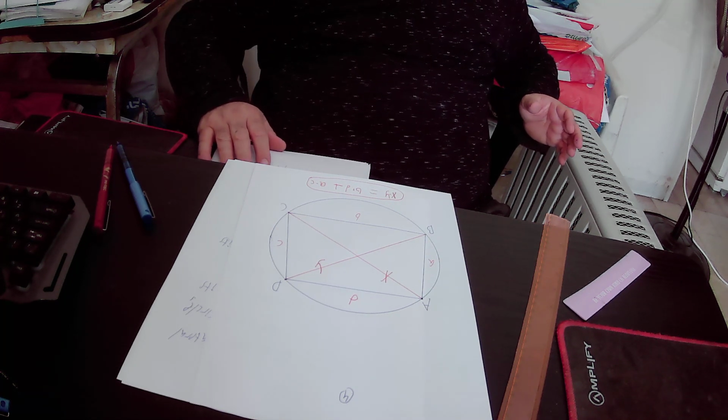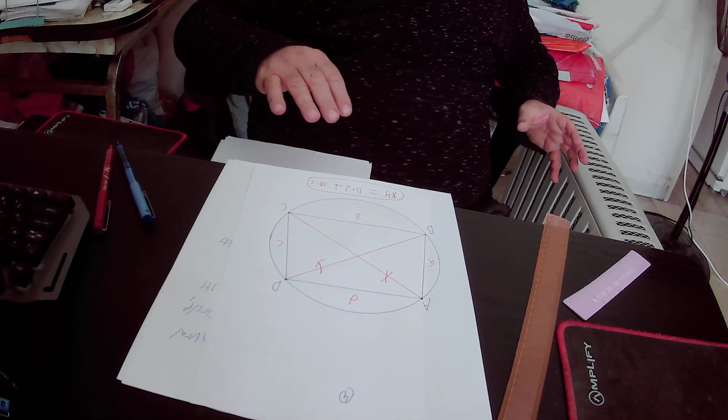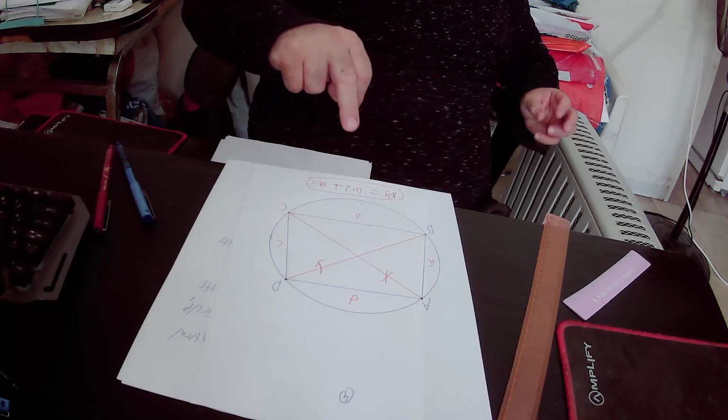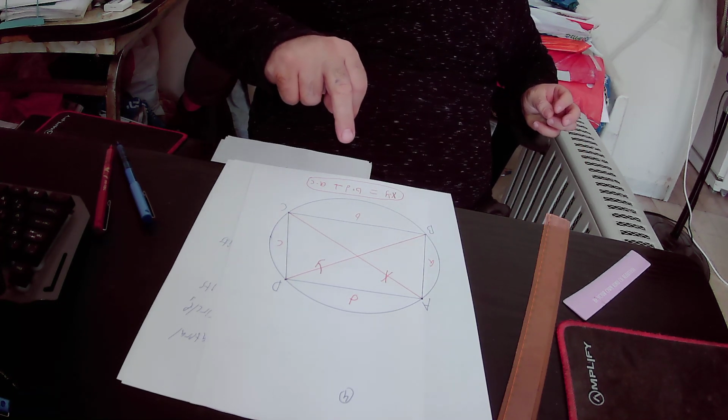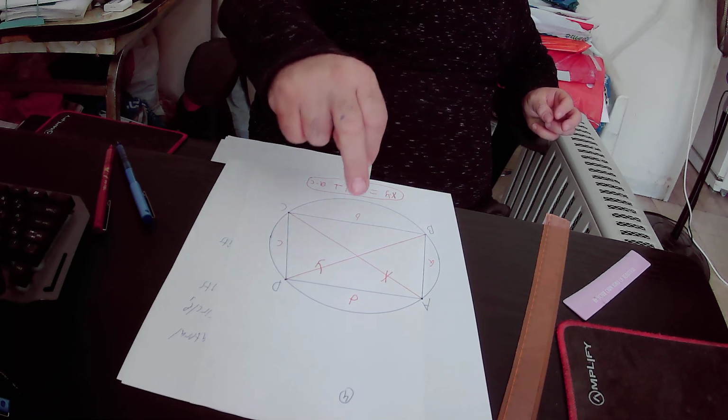So whenever you have a quadrilateral inscribed in a circle, the product of its diagonals, x times y, will be equal to the sum of the products of its opposite sides, that is to say BD plus AC.